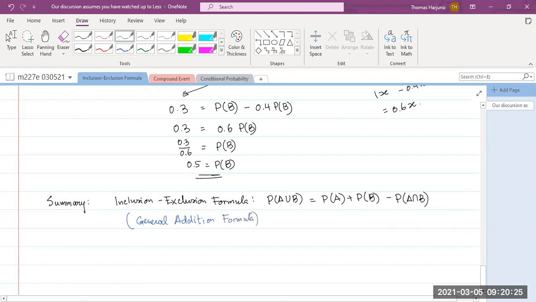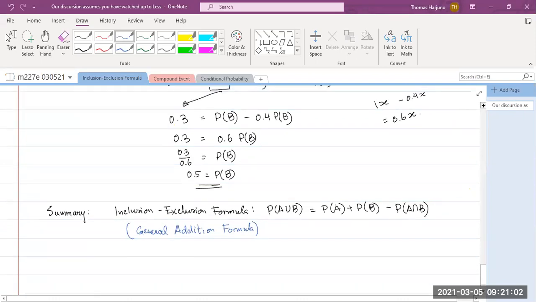Our textbook already used the general addition formula, and I just want to remind you that there's another name for this formula. If our textbook used inclusion exclusion formula, then I would emphasize the other name also to you. Basically I need you to know both of the names.